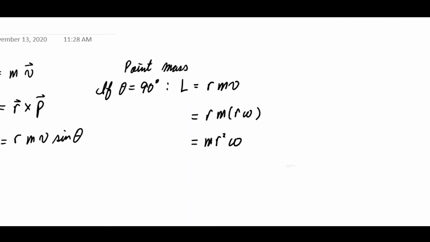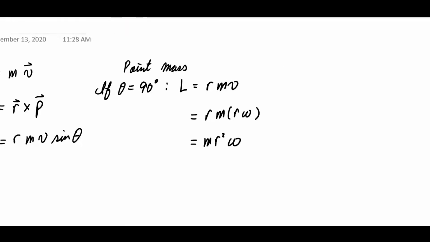Now, what about the rigid body then? Let's say a rigid body rotating about its center of mass, then your angular momentum will just become I omega, wouldn't it? You get it? Vectors.